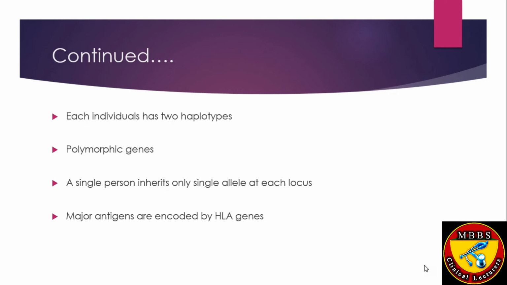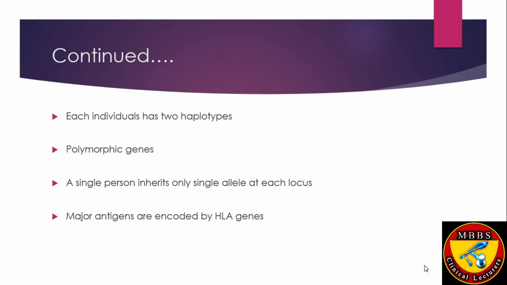Okay. Now about these HLA proteins and HLA genes, each individual has two haplotypes. It means that two sets of these genes are inherited, one from the paternal side and another from the maternal side. Also these genes are highly polymorphic, meaning there are many alleles of the class 1 and class 2 genes.